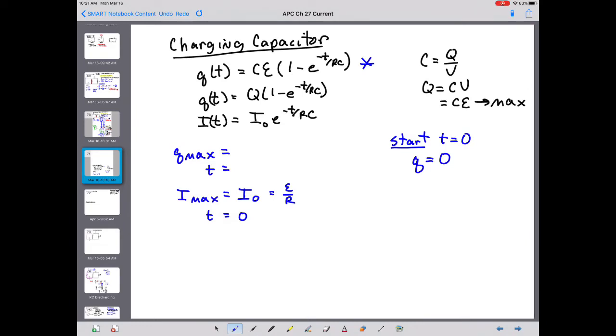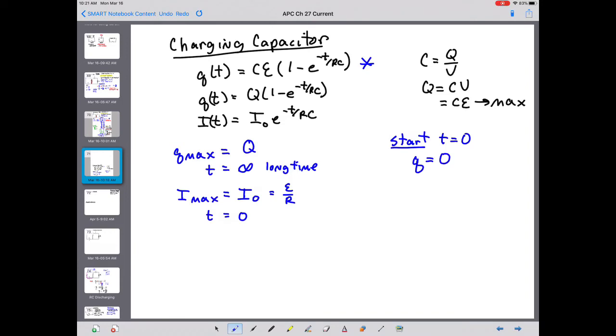And so then you get 1 minus 0, or Q. So your maximum charge is going to be Q, and it's going to occur after an infinite or a long period of time.